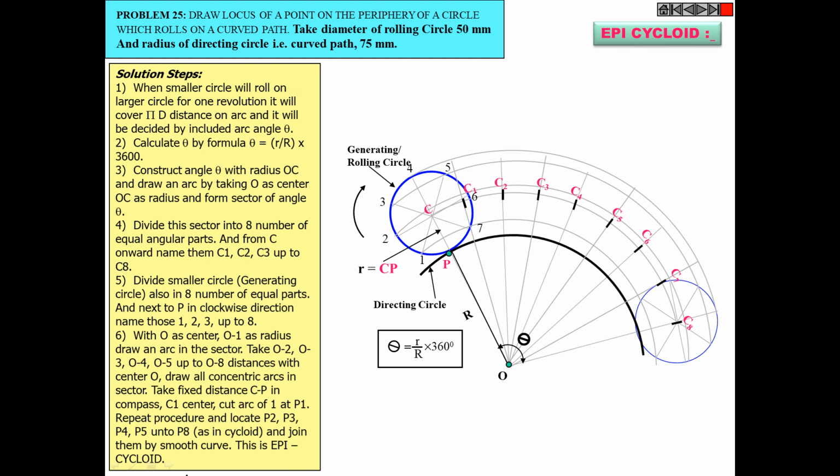You want to get the second locus point. That means second locus point will be corresponding to the second circle. For the second circle, center point is C1. Compass length is CP.